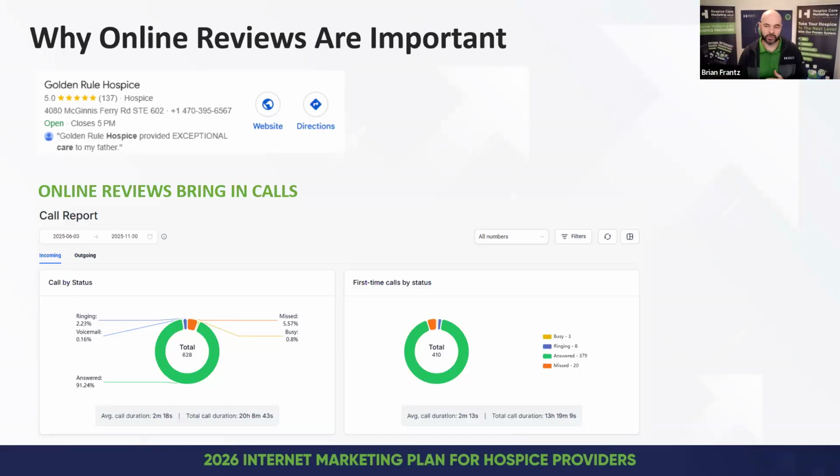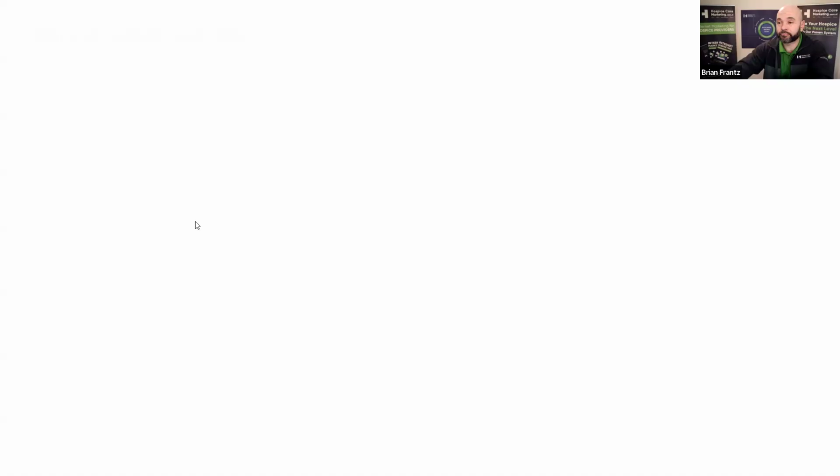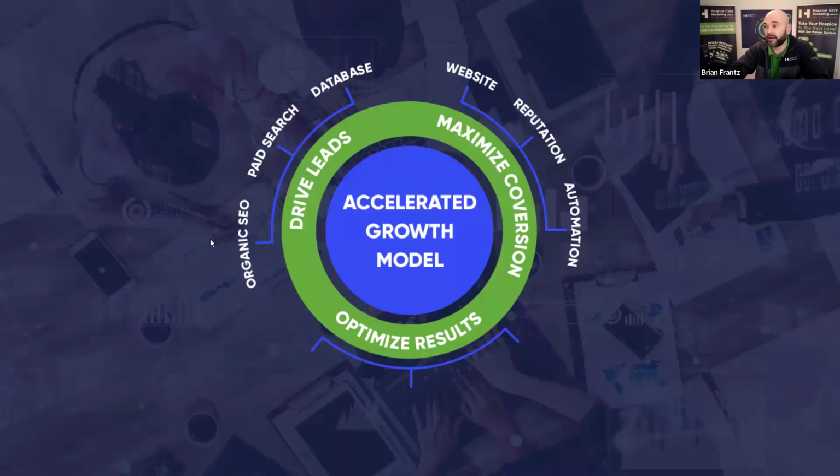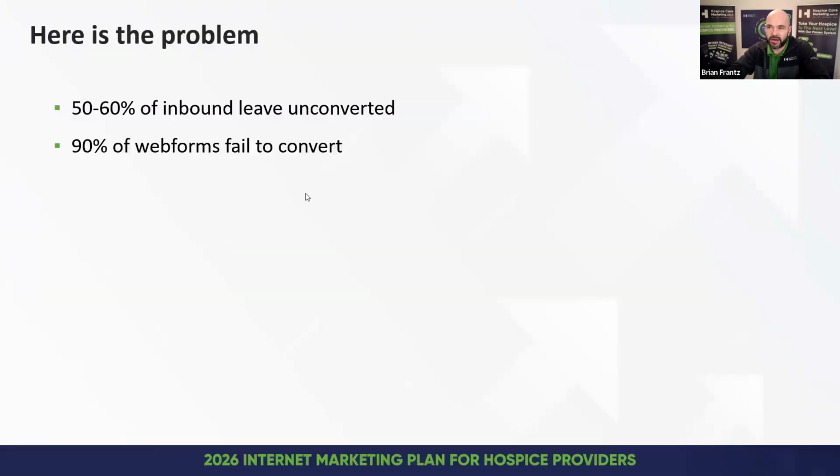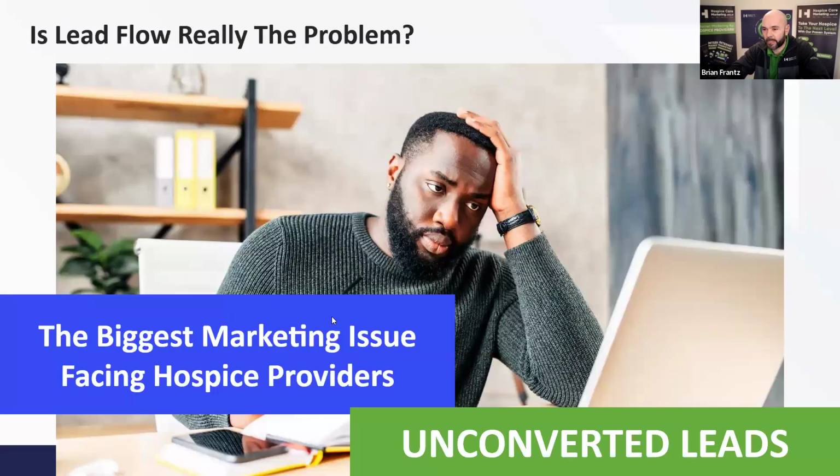So we have resources for our clients, but I've also interviewed some of my clients, and you can find that on our YouTube channel. And they've shared what's worked for them and what it's brought in. But yeah, I think one big problem in really all of online marketing is unconverted leads.